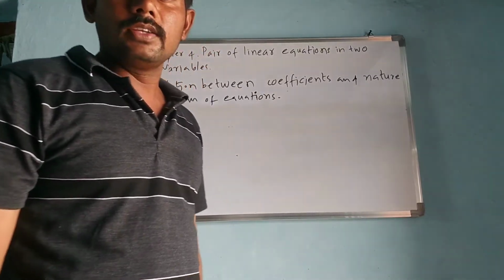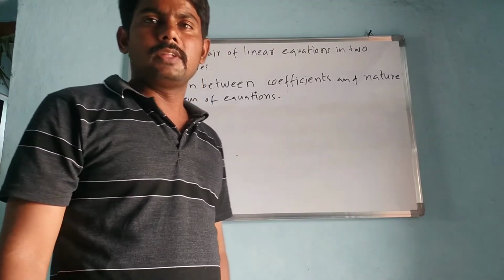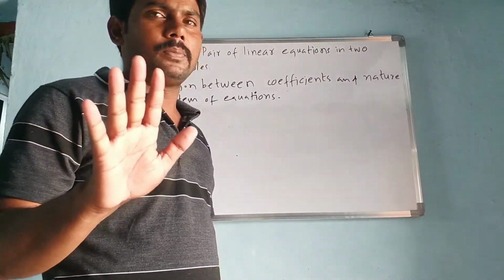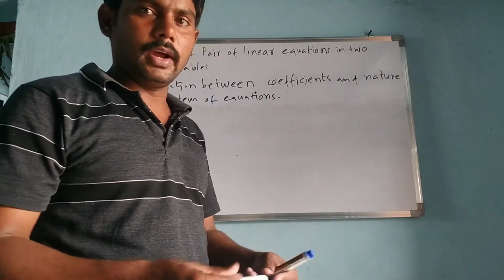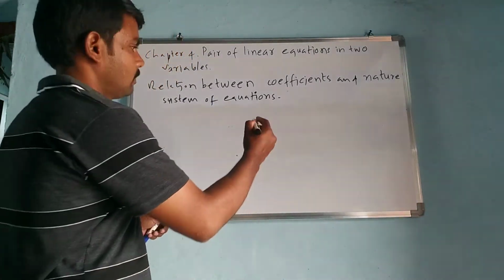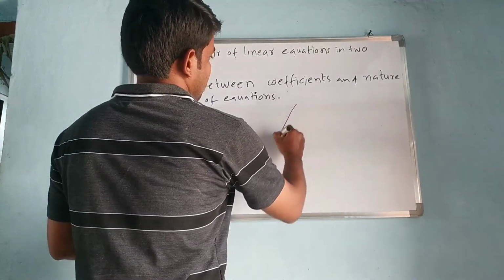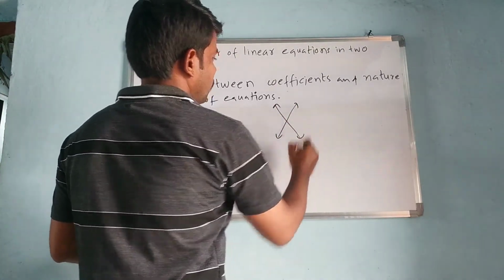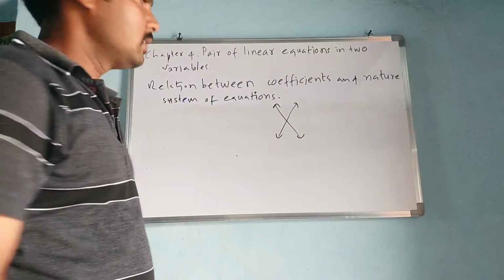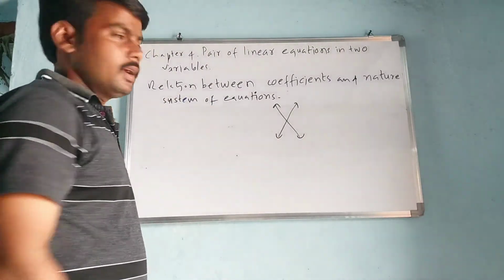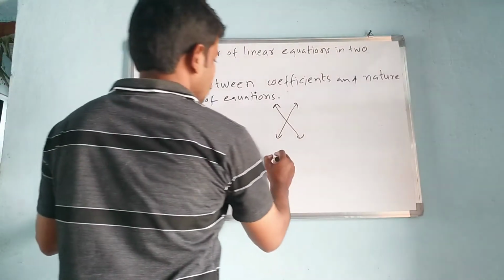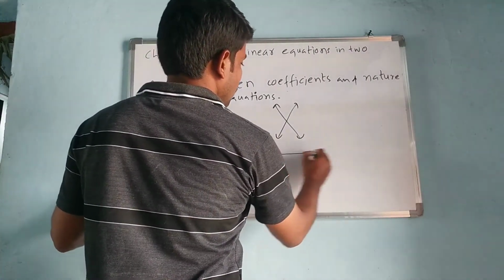when two lines are drawn in the same plane, three situations are possible. They may intersect at a point. This is the first situation. The second situation is they may not intersect.